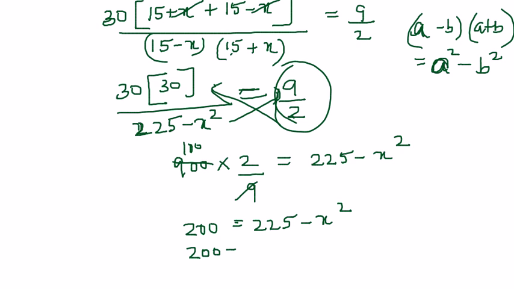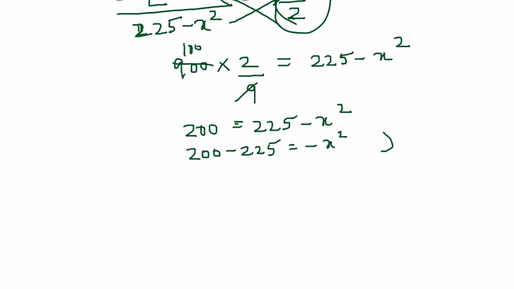We can bring this 225 to this side. 200 minus 225 is equal to minus x squared, or we can write this as minus 25 is equal to minus x squared. I'm changing the sign on both sides. Therefore you have x squared equal to 25.